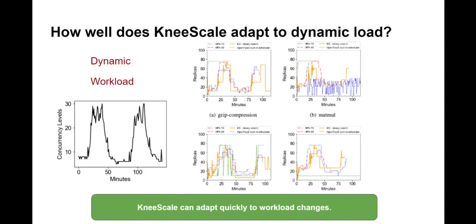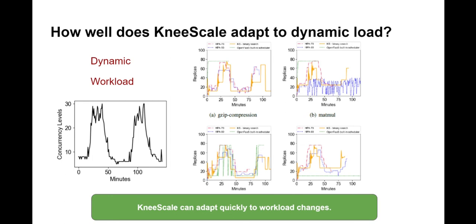And how does KneeScale work in dynamic workload? For the generation of dynamic workload, we randomly selected 2 days of workload pattern from the Azure Functions Traces 2019 and sampled every 20 minutes to get about 2 hours of dynamic workload.